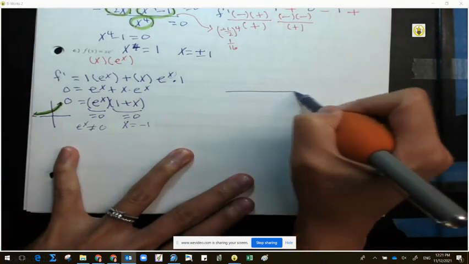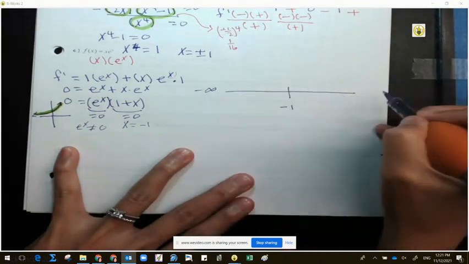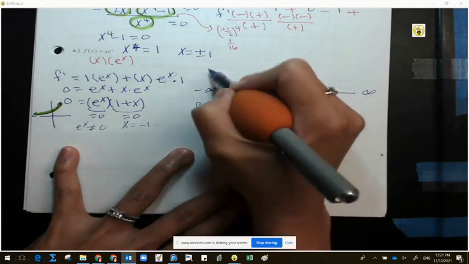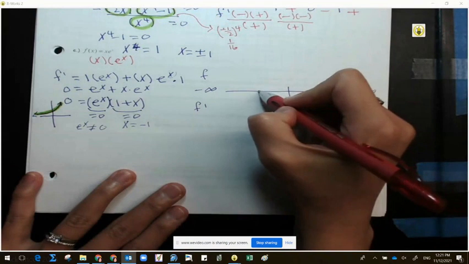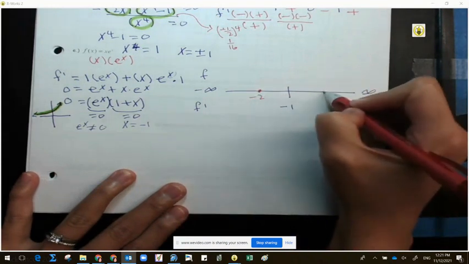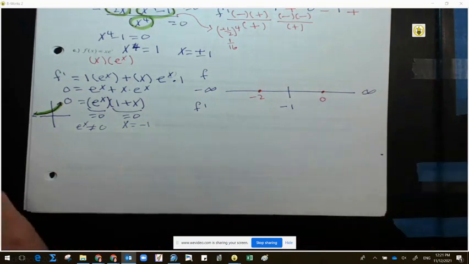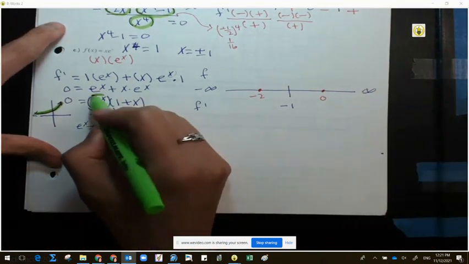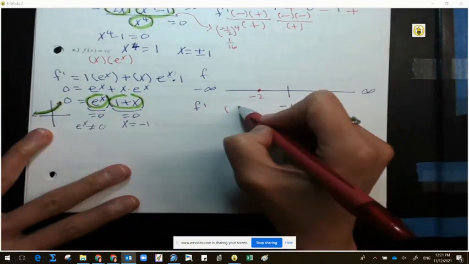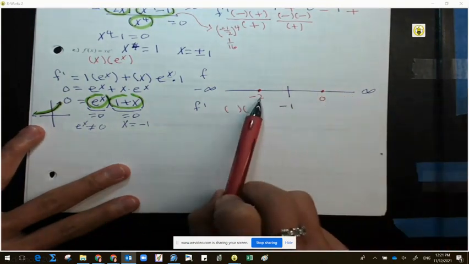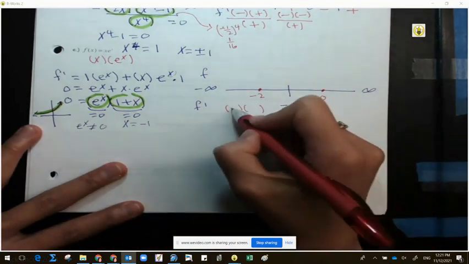So therefore, that's not a critical number. Let's go ahead and make our number line. We have one critical number at -1. Negative infinity and infinity, f prime and f. What number should we test on the left? Okay, -2. How about the right? 0. Good number. So let's test it in this form right here. It's always the factor form to make your life not miserable. So we have two sets of parentheses. When I plug in -2 to the e to the x, like I said, e to the x is always what kind of number?